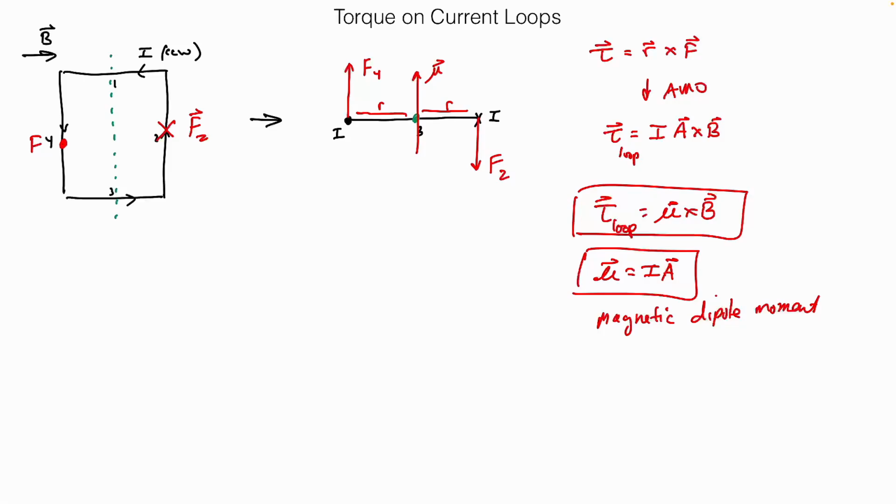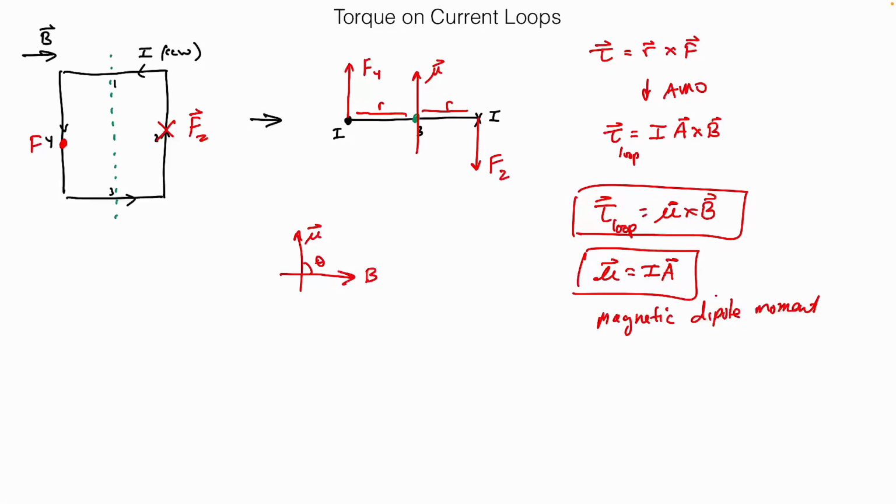There's a torque here because the magnetic field is pointed to the right and the magnetic dipole moment is pointed up. There's an angle here, in this case 90 degrees to start with, which will cause this torque to happen. To find the direction of that torque, we're back to a cross product: magnetic dipole moment crossed with the magnetic field.